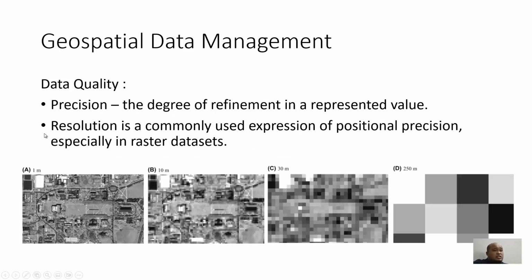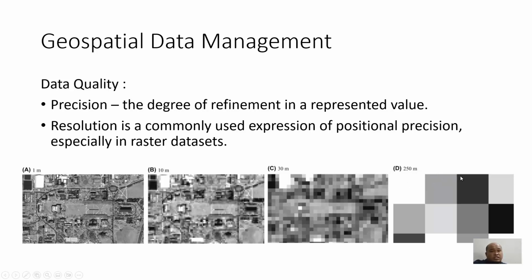Next is the precision. Precision is the degree of refinement in a represented value. Resolution is a commonly used expression of positional precision, especially in raster datasets. So these are raster datasets. Previously, it was 250 meters per pixel.